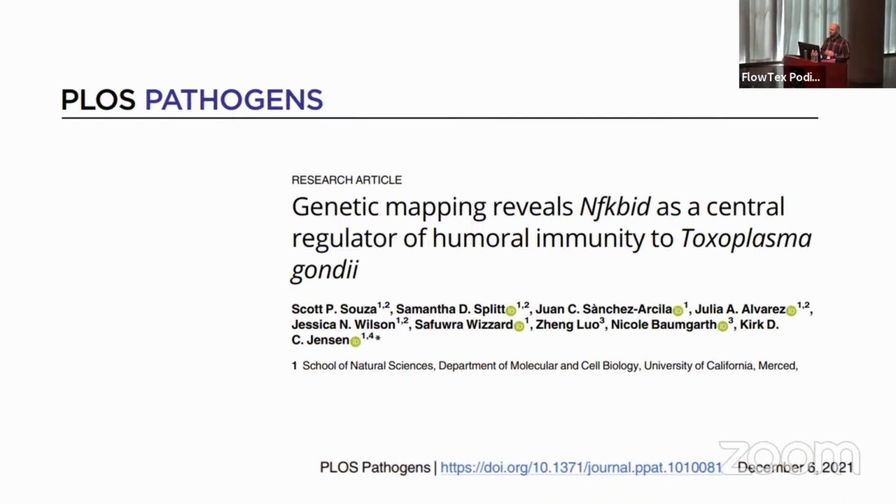All they really knew about NF-kappa B ID was that they had a genetic screen that mapped to that locus. They wanted to get the knockout and they knew it lacked B1 cells, which are an innate-like B cell population, but they didn't know much more about immune responses in that mouse.